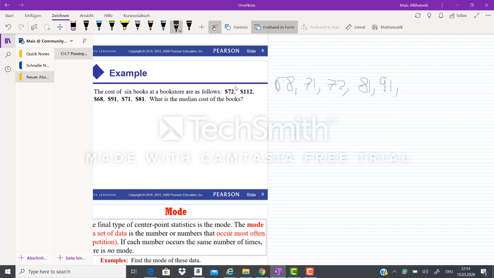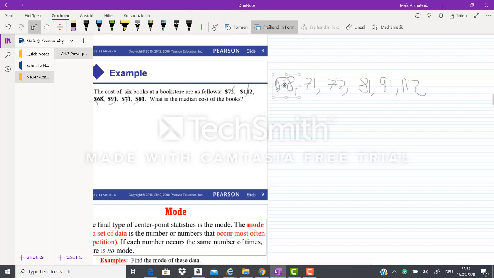Then I have 72 already, 68 already used, 91 already used, 71 already used, and 81. The last number is 112. So I rank all the numbers. Now, after ranking, I will delete a number from the left and another from the right.